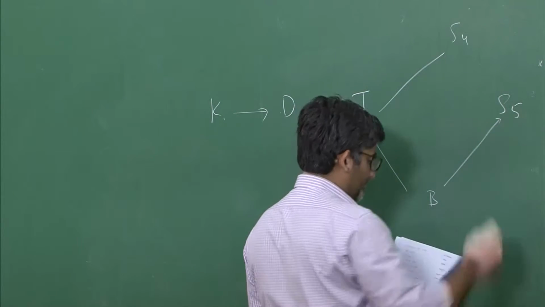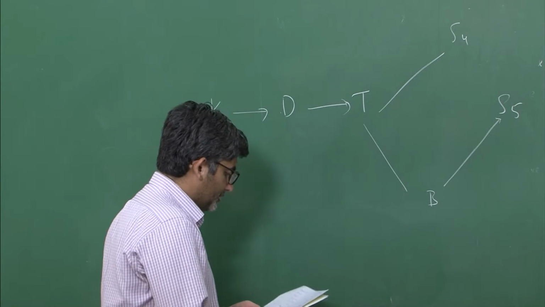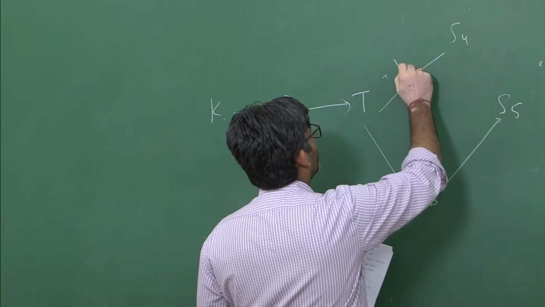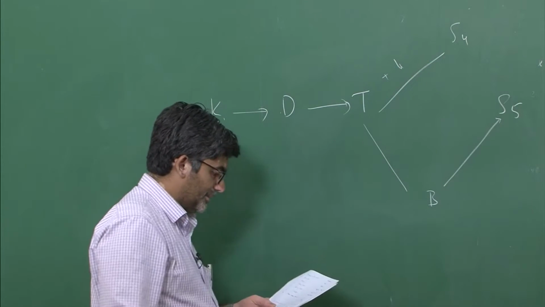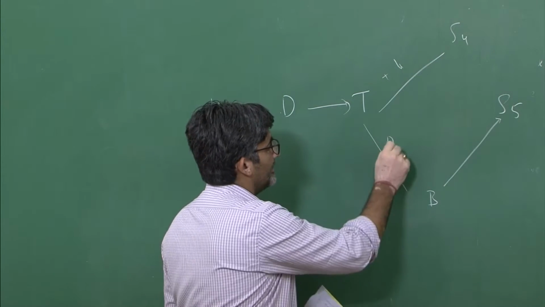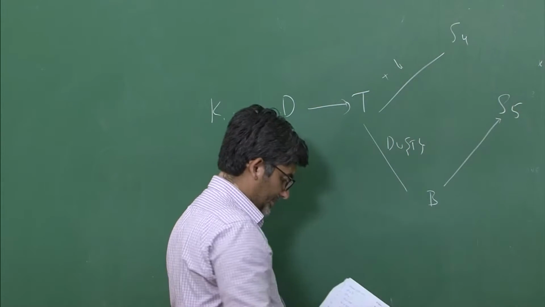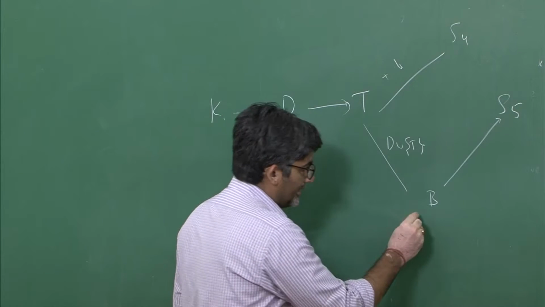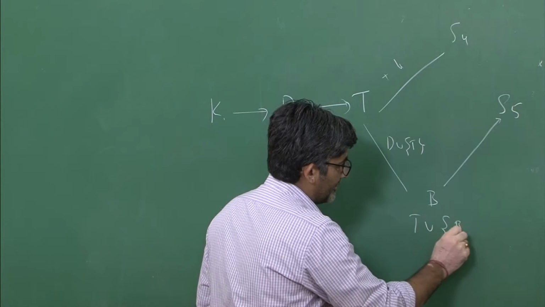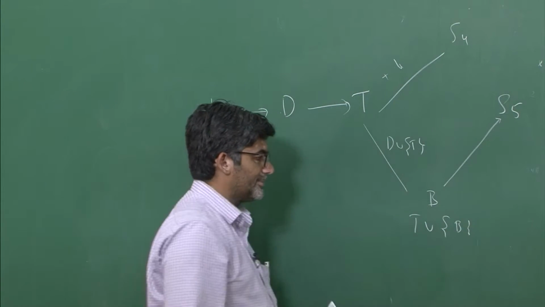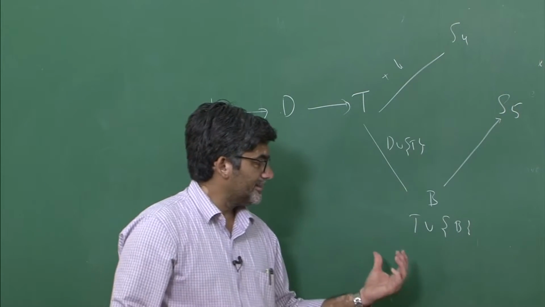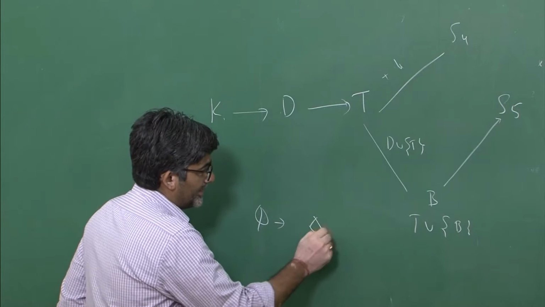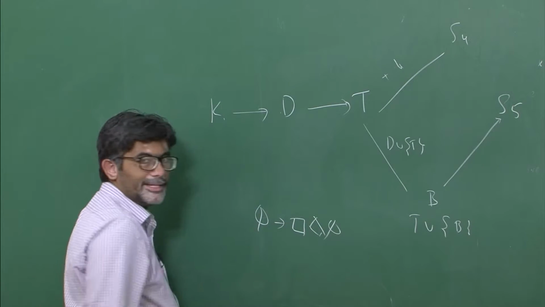T together with 4 leads to S4, and D together with T leads to B. B is nothing but T plus the symmetric axiom. B has a corresponding axiom: if something is the case, then it is necessary that it is possible that phi.